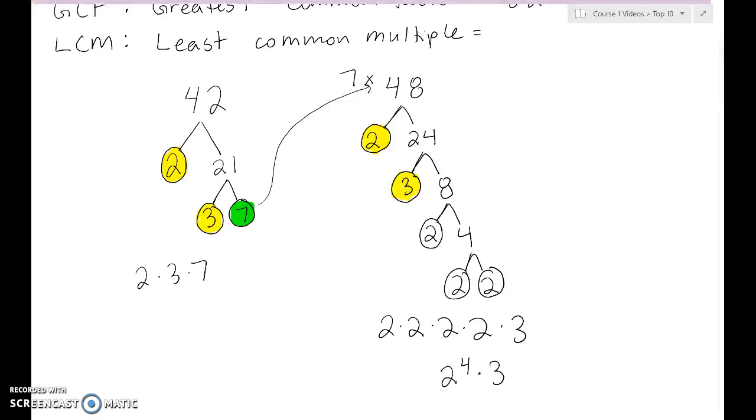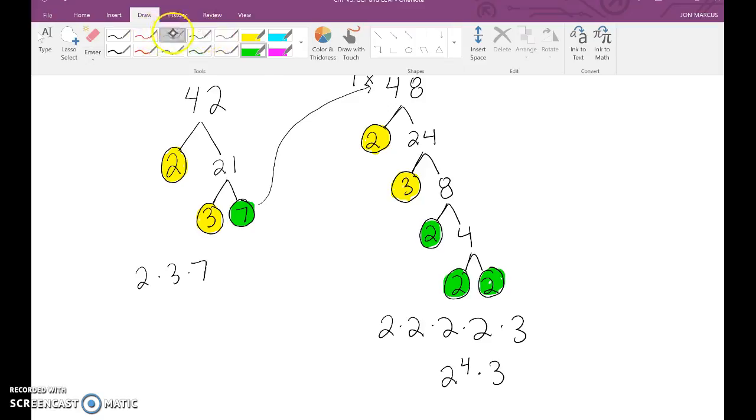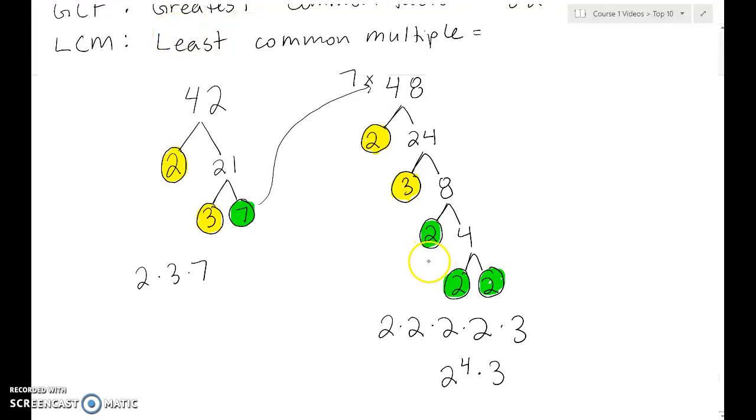And I'm going to take all of these factors here. I'm going to take the 2 and the 2 and the 2. And 2 times 2 times 2 is 8. 2 times 2 is 4, and then 4 times 2 is 8. So I'm going to take that 8 and multiply it by the 42.